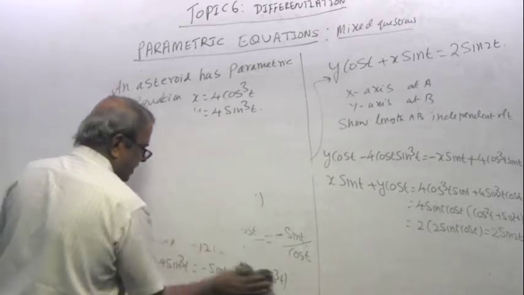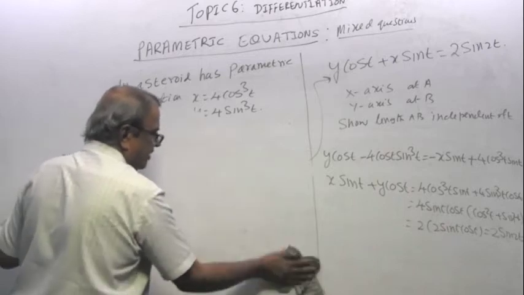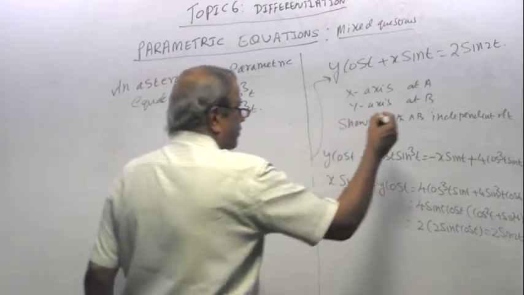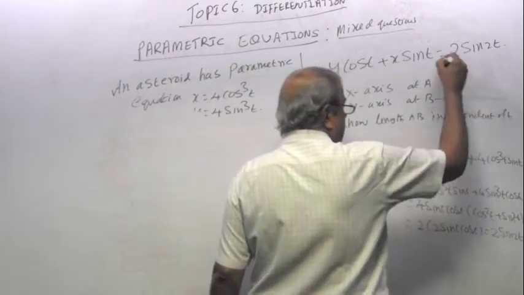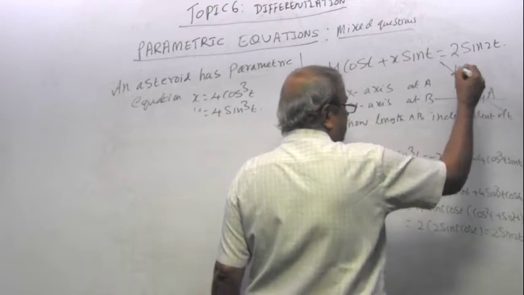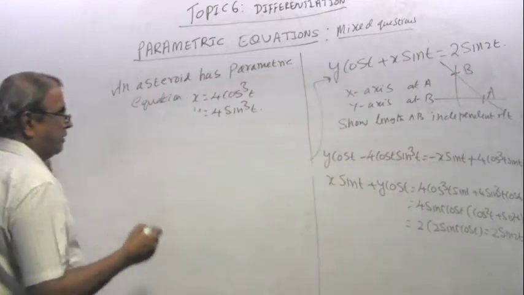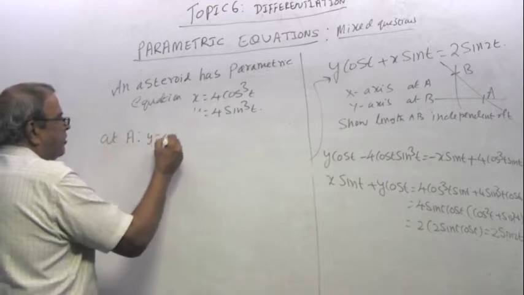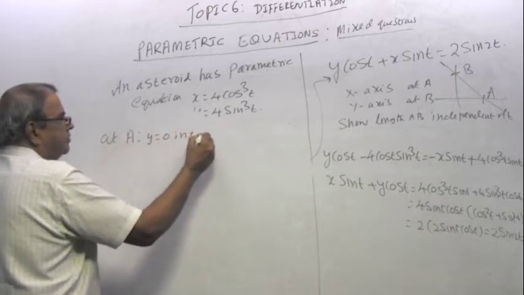This tangent cuts the x-axis at A. So in other words, if you have this, maybe the tangent is like this, it cuts the x-axis at A and the y-axis at B. Find the coordinates of A and B. So at A, y equals 0 in the tangent.